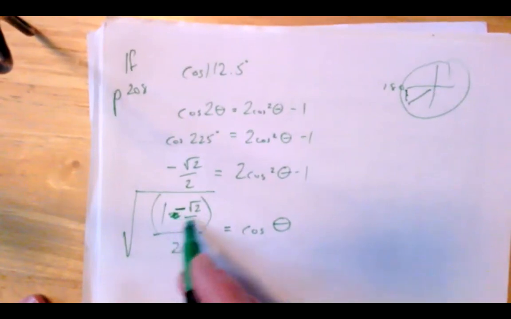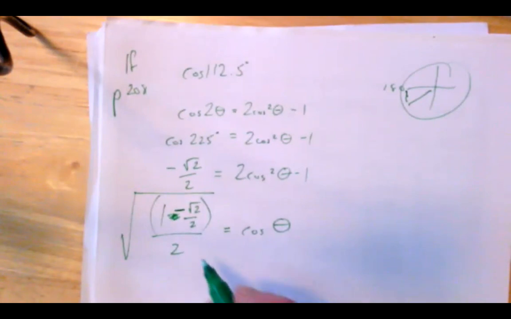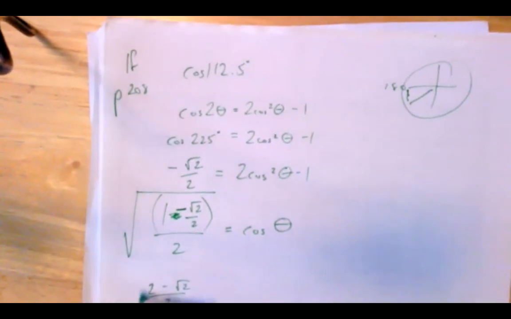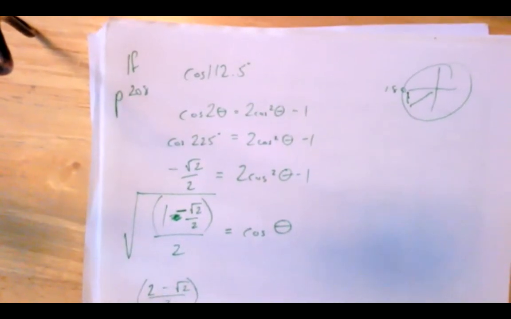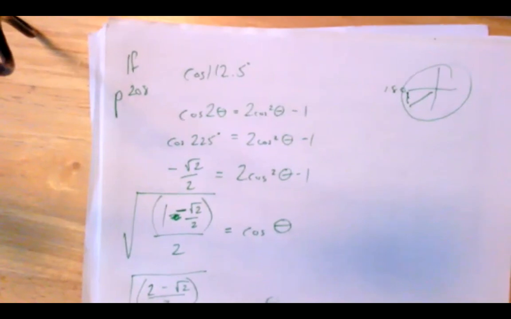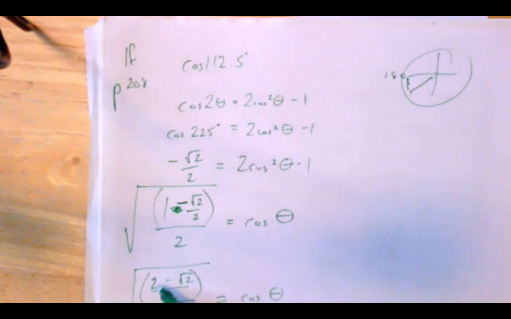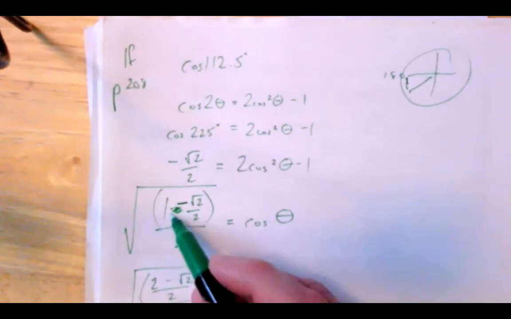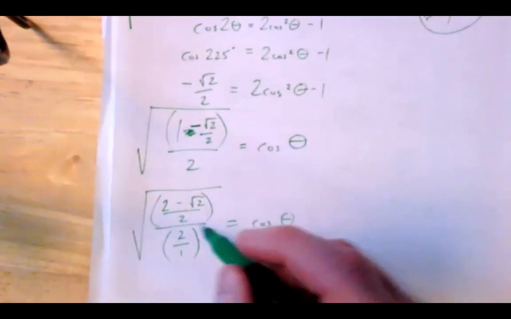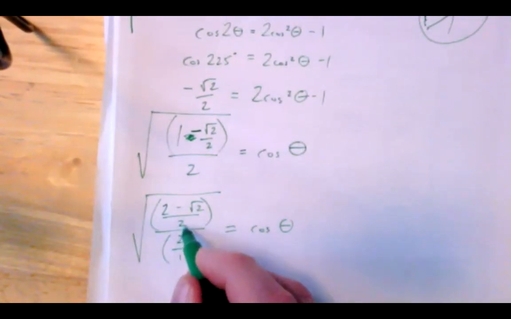All right, so I'm going to simplify what's in the bracket. It's 2 minus root 2 over 2, all over 2 over 1, which is just 2. I'm saying that because it's easier to see. How did you get the first 2 in the bracket? The 1 is 2 over 2, so we have the same denominator. Oh, okay. When I divide, I flip this one and multiply, so these 2's multiply.